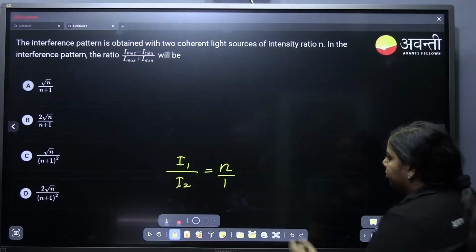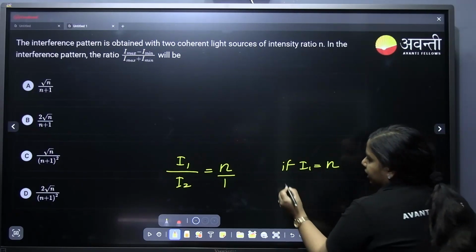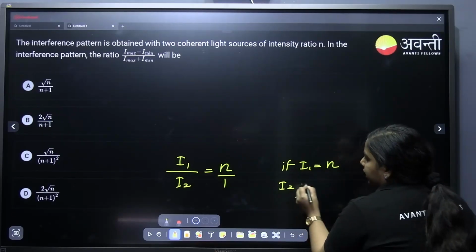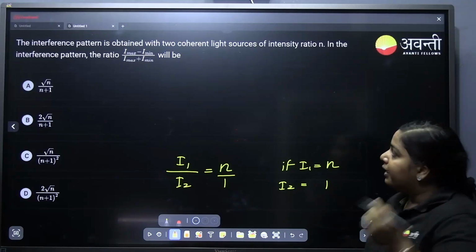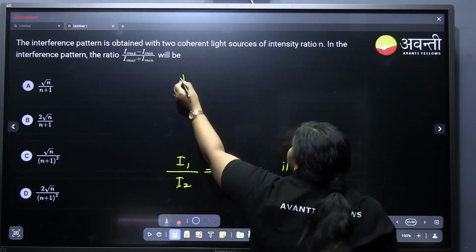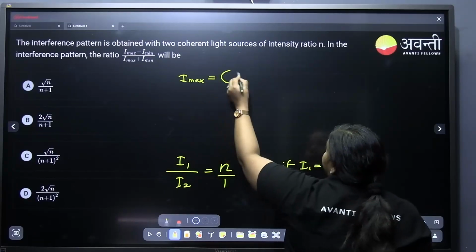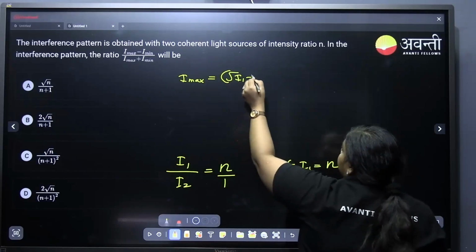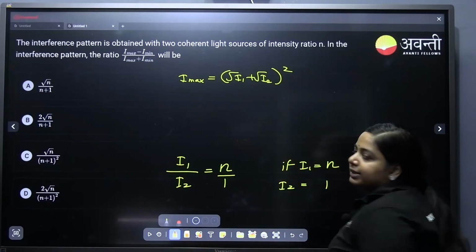So if I1 equal to n, I2 equal to 1. Now for Imax, how did we say? Imax is equal to (root I1 plus root I2) the whole square.